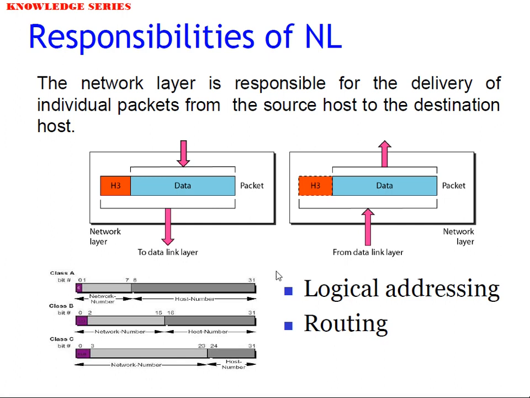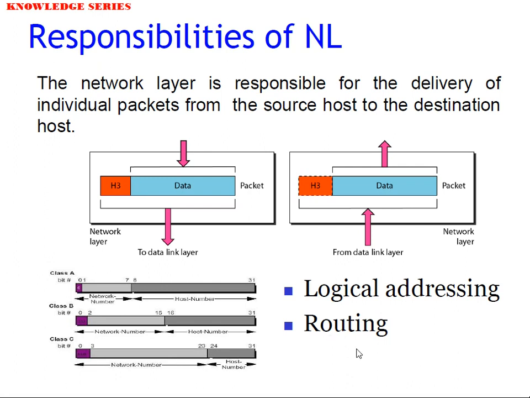The functional activities here are logical addressing, routing, and congestion control. What exactly does logical address mean? It adds the header to the packet coming from the upper layer, which is the transport layer.